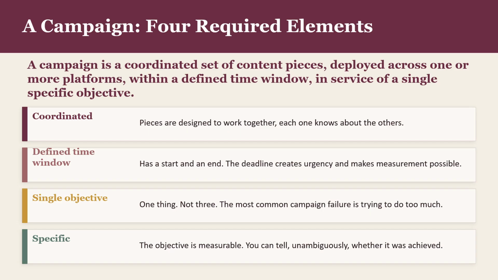We call this a SMART objective: specific, measurable, agreed upon, relevant, and time-based. The agreed upon and relevant are less important because those are internal concepts. But specific, measurable, and time-based are going to be the things that I stress, along with a specific target audience segment.